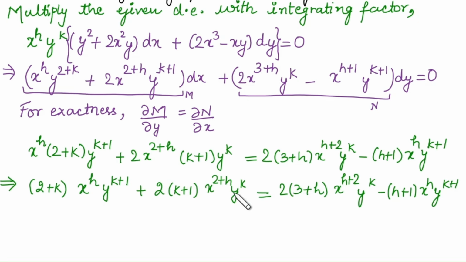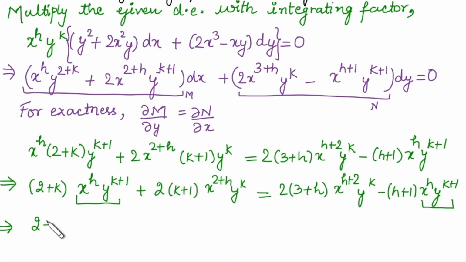Now, as per this, this term is equal to this. Both the terms contain x raised to some power and y raised to some power. We can compare the powers. Here we have x raised to power h, y raised to power k plus 1, and a similar term we have on the right hand side. If both the terms are the same, it means their coefficients are the same.